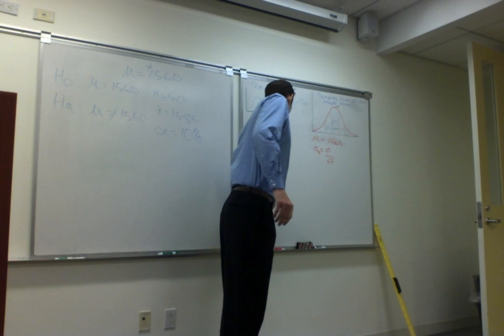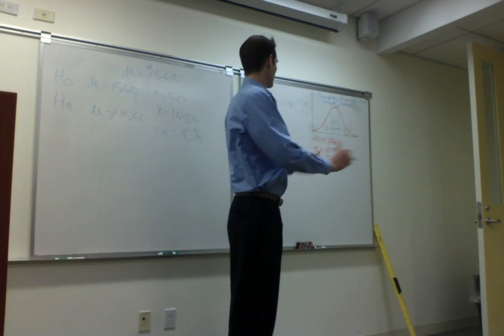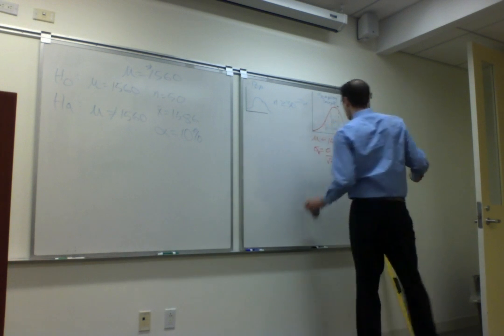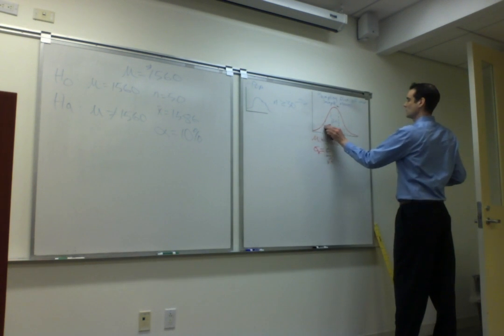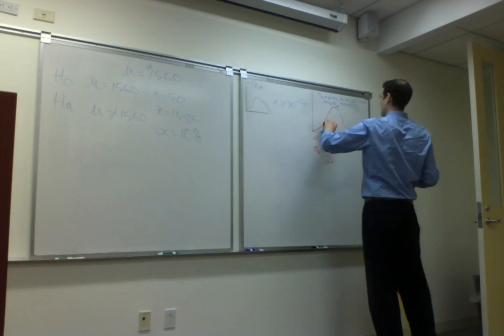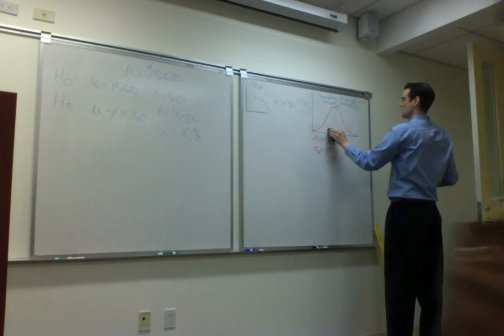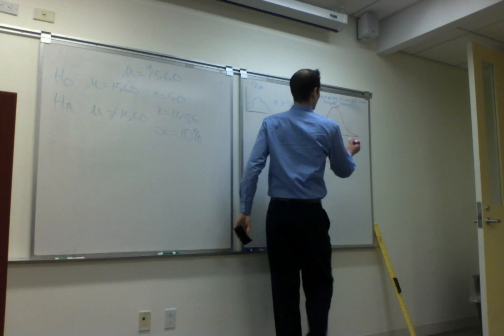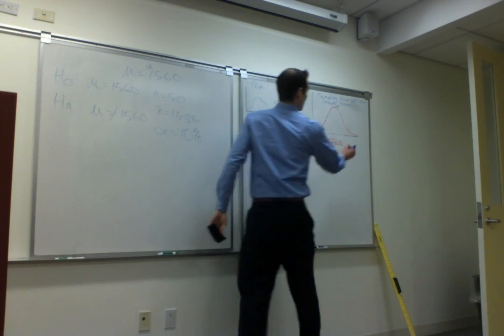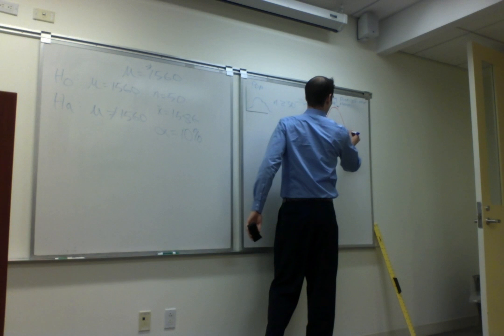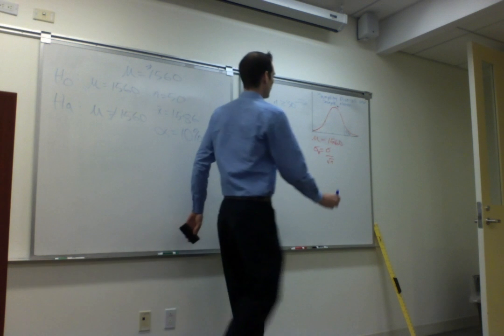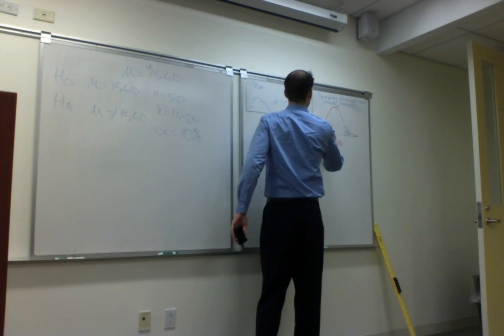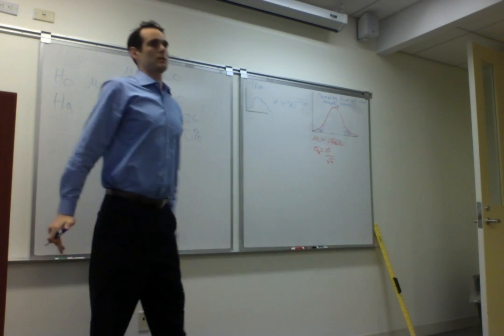So let's think about how that looks. 10% chance. What that means is that we're going to be looking for a 5% chance that we might get a really high sample mean, or a 5% chance that we get a really low sample mean.